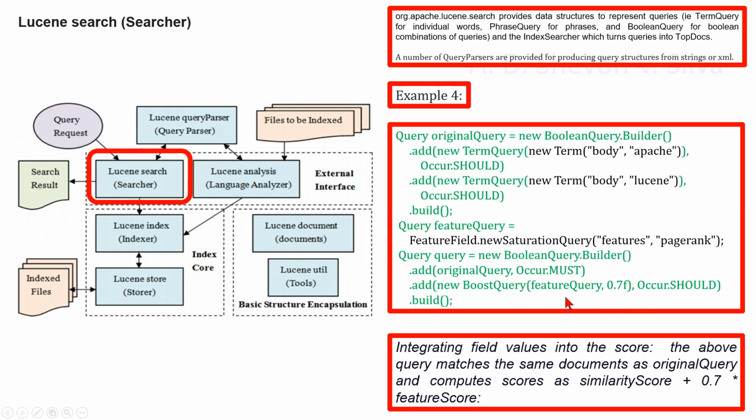Here you can see the constructor: wrap a query in such a way that the produced scores will be boosted by the boost. This is the query and this is the boost. And here you can see the query builder, BooleanQuery.Builder. Here is add and the build is there.